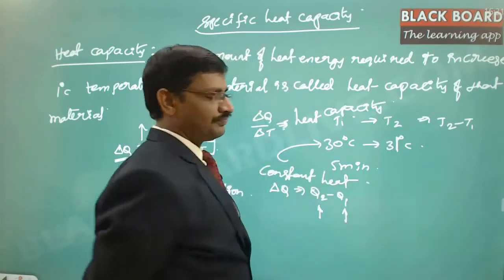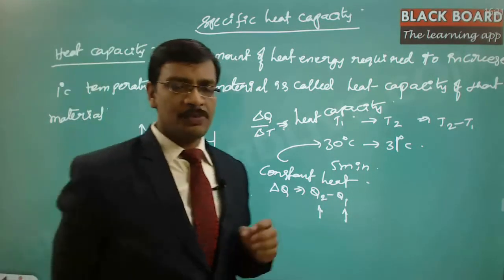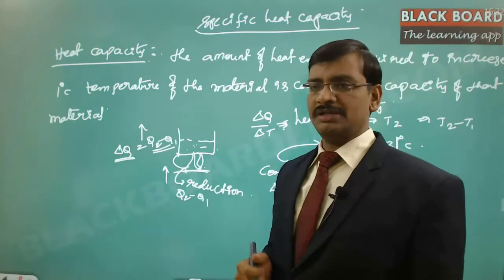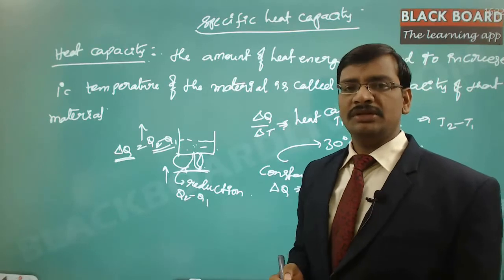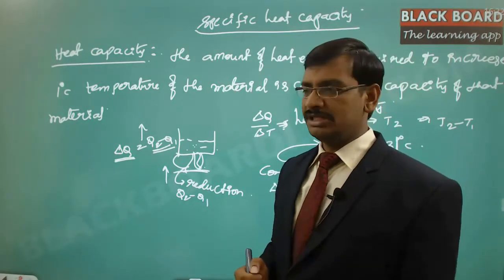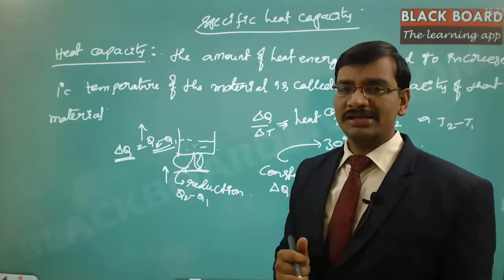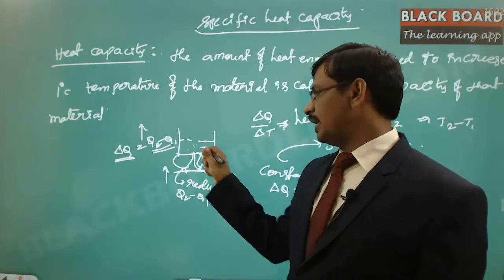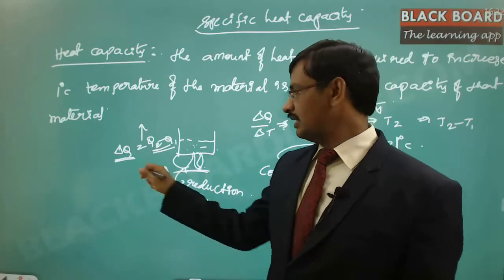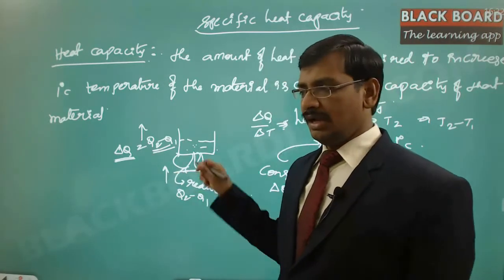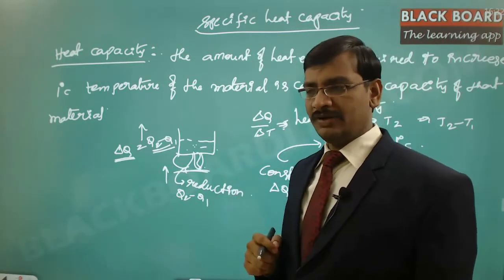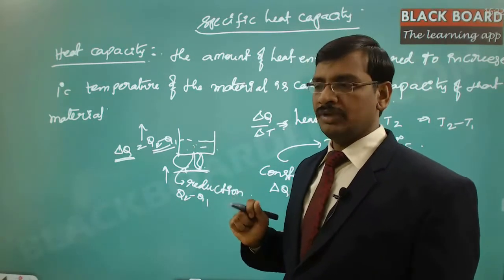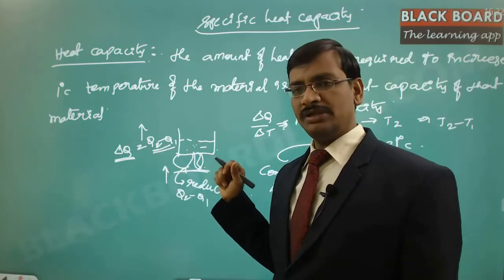Now if I give this much energy, this is the temperature raise, but some information is missing here. I am not saying how much water I am putting on the stove. I can keep 1 liter of water and give 10 joules of energy, and let us say it raised the temperature by 5 degrees centigrade. Now I keep 10 liters of water and give the same energy.